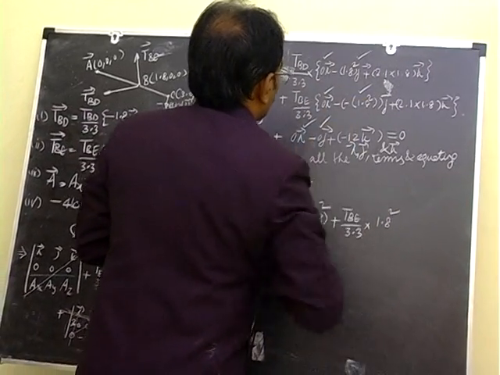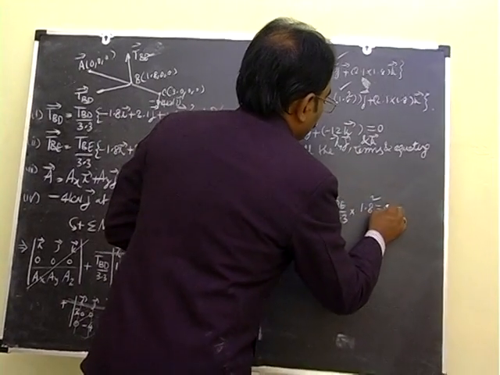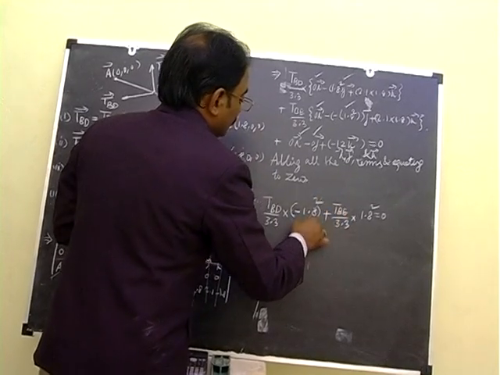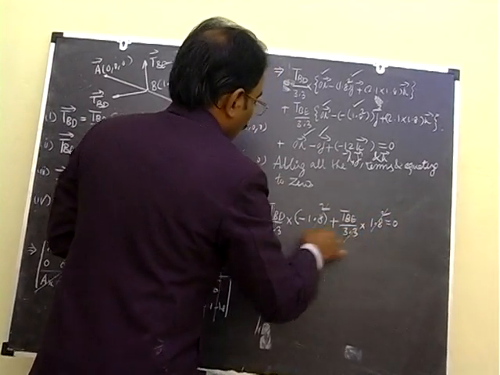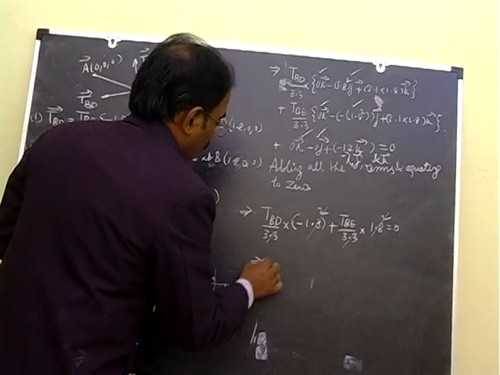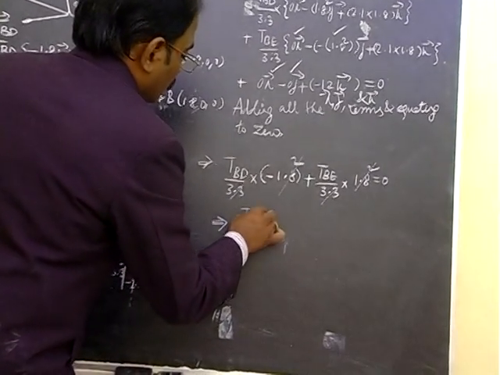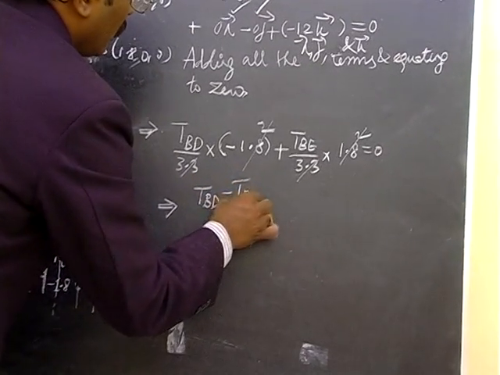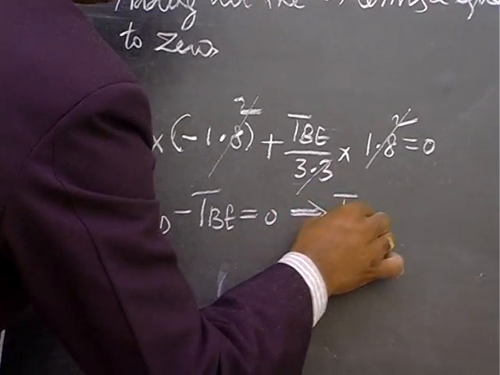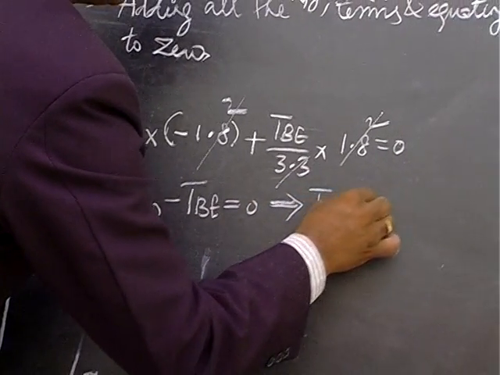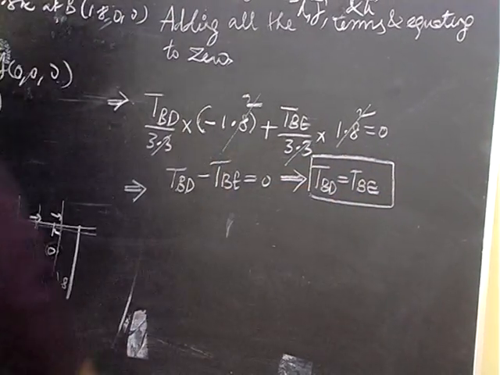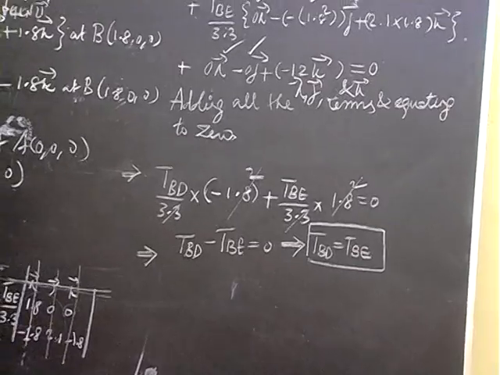Here again it is 0, so this can be equated to 0. You can quickly realize that this minus and this plus, this 3.3, they can be cancelled and they leave us with a simple equation, tension BD minus tension BE equal to 0. This implies tension BD is equal to tension BE. So we are getting a simplified equation wherein both the tension values are the same.